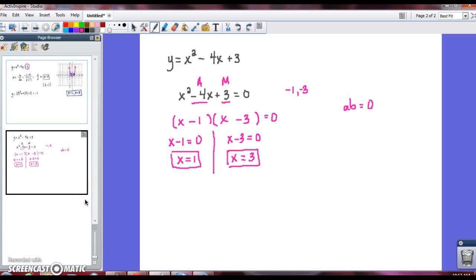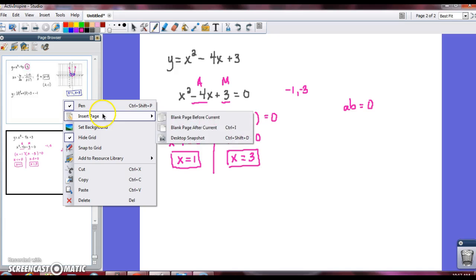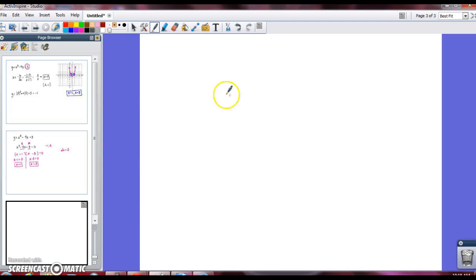Okay? Another thing to be careful of, just a couple quick little things, when you are factoring, if you have something that looks like this, g of x is equal to -x squared minus 5x plus 6.